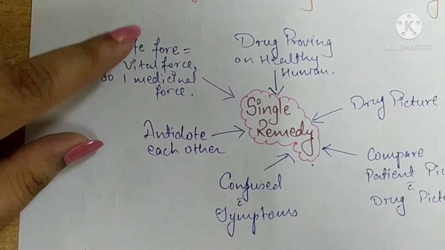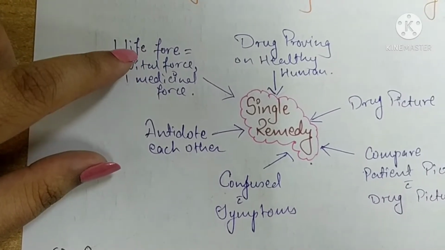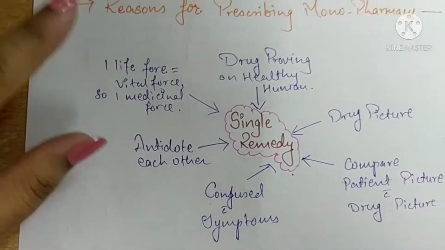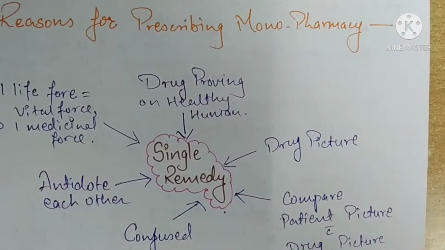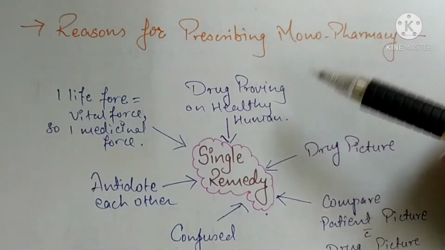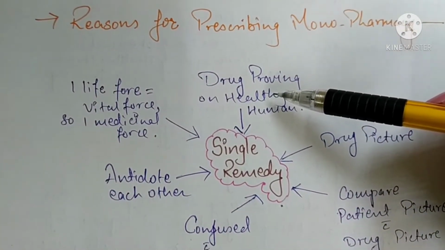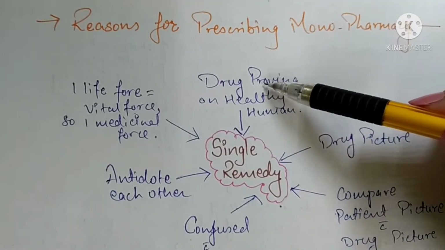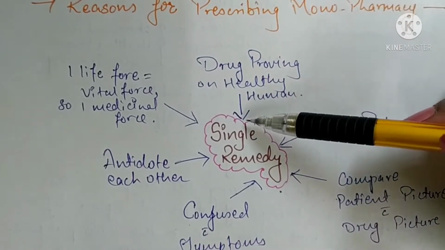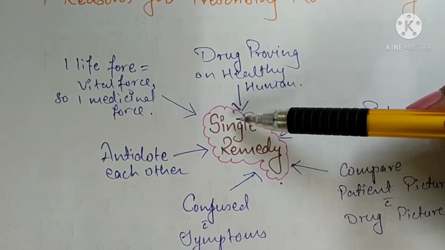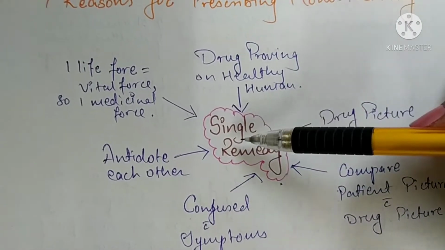So here one life force, the vital force, is given one medicinal force, the remedy. The crude form of the drug is introduced to healthy human beings to prove the drug. So prescribe a single remedy so that the patient's actual cure can happen.